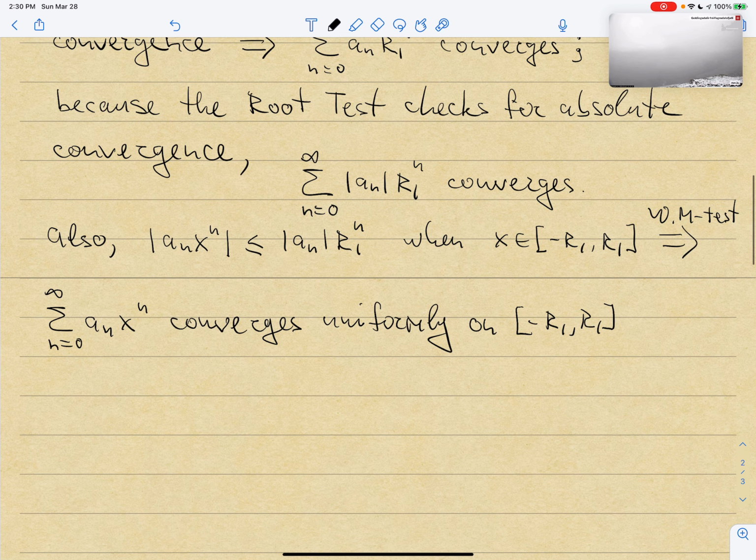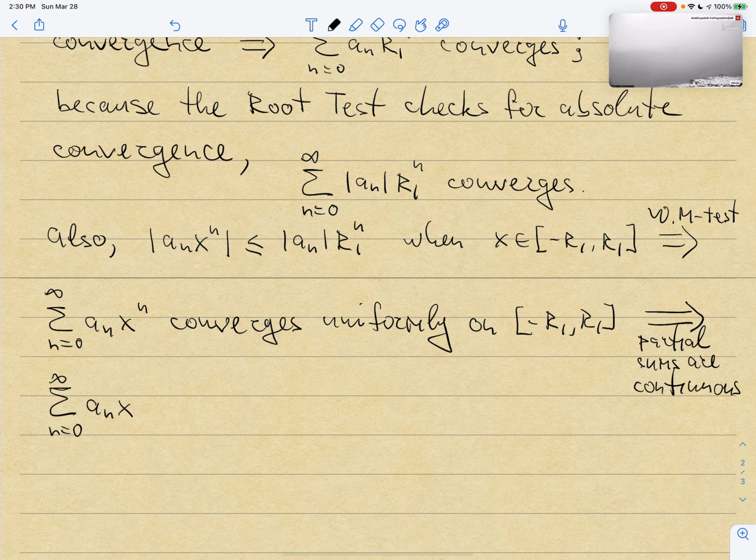And because partial sums of the power series are always continuous, we conclude that sum from 0 to infinity of an x to the power n is continuous on minus r1, r1.